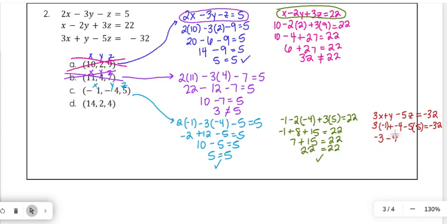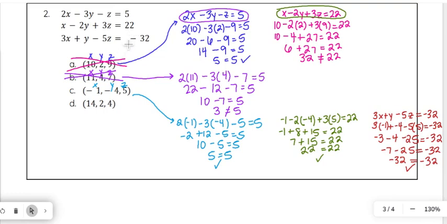You can write plus -4 or just -4. Either way works. -5 times 5 is -25, and then equals -32. -3 minus 4 is -7, and then we still have -25, equals -32. -7 minus 25 is -32, which equals -32. So that also works out.